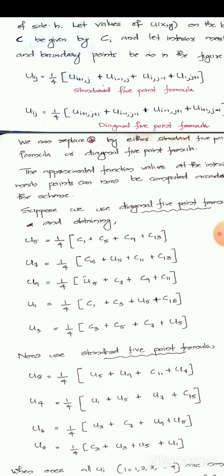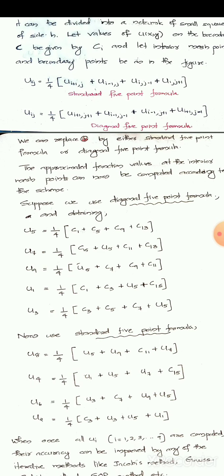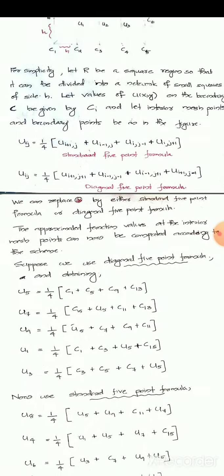So u5 is equal to 1 by 4 of C1 plus C5 plus C9 plus C13.